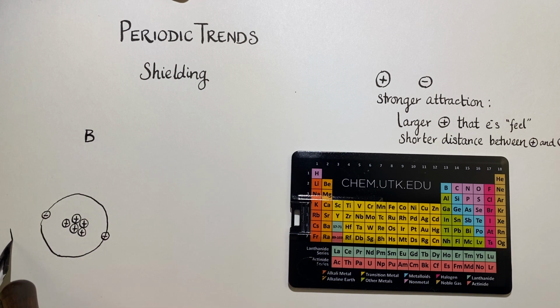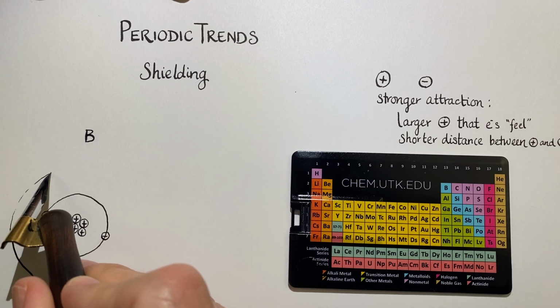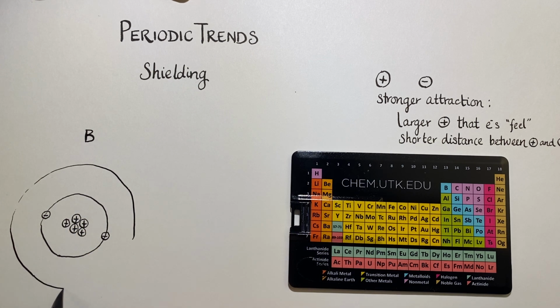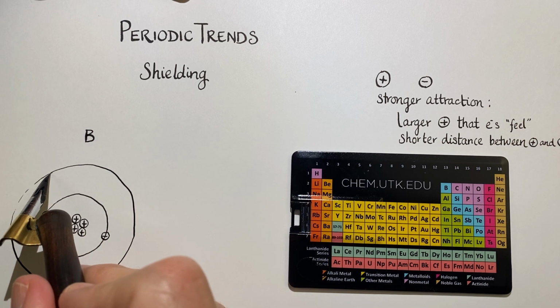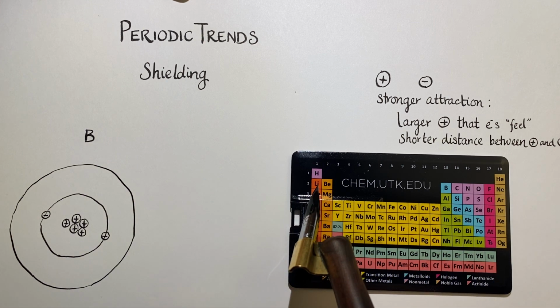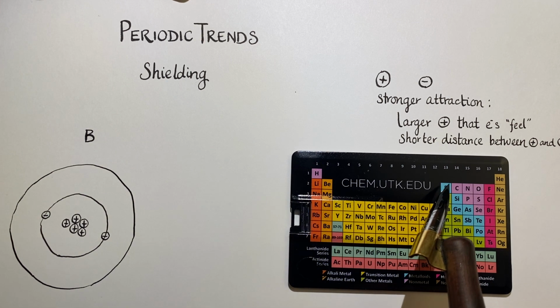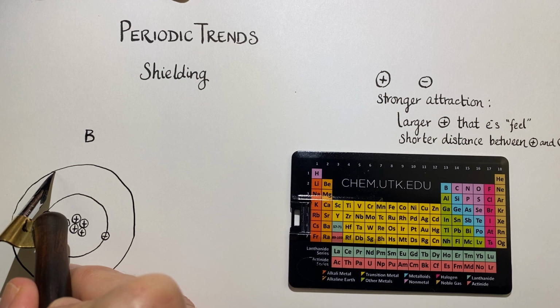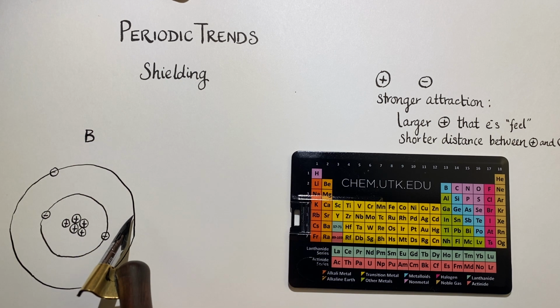And the second shell we'll draw again like a circle. Okay. And boron has 1, 2, 3 electrons in that second shell. So we can put these around wherever we want. I'm just distributing them.